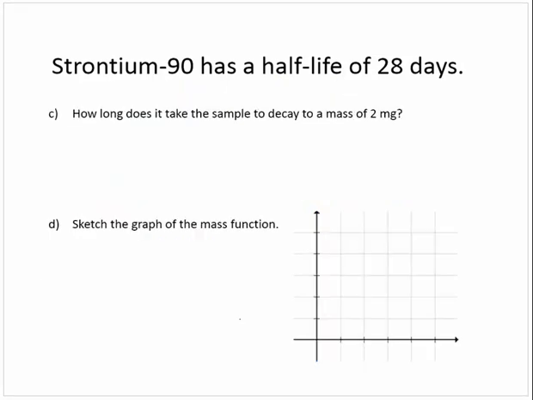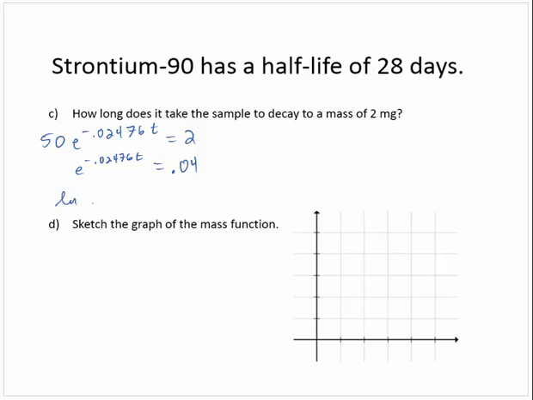How long does it take the sample to decay to a mass of 2 milligrams? Well, then we would have the 50 e to the negative 0.02476 t is equal to 2. And we have to solve this equation for t. Dividing through by 50, e to the negative 0.02476 t would equal 2 over 50 is 0.04.